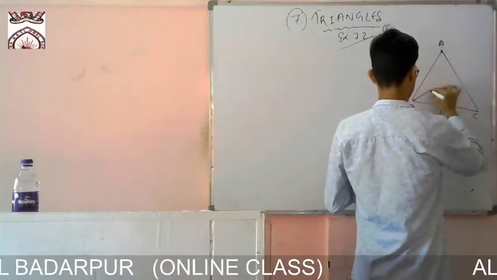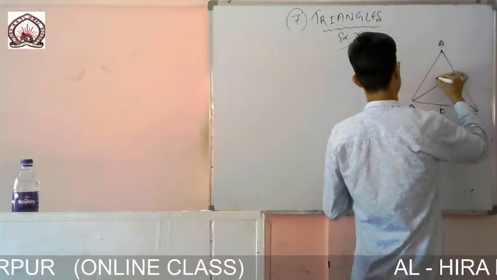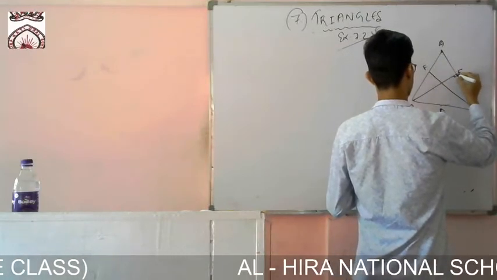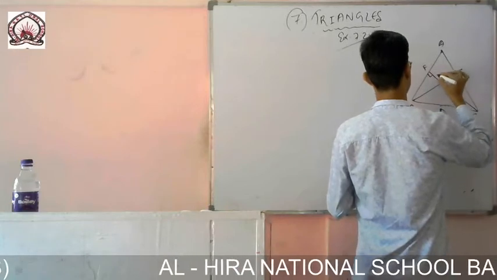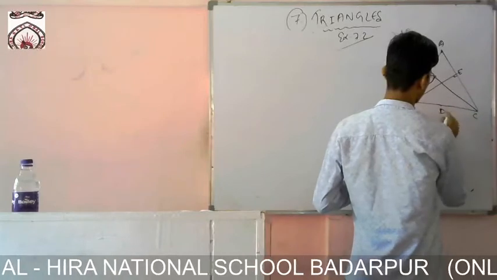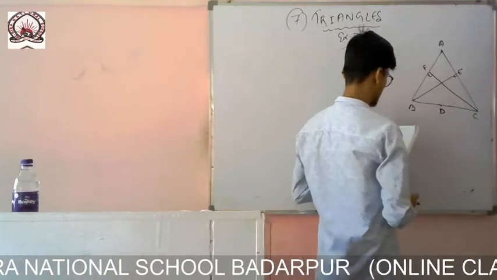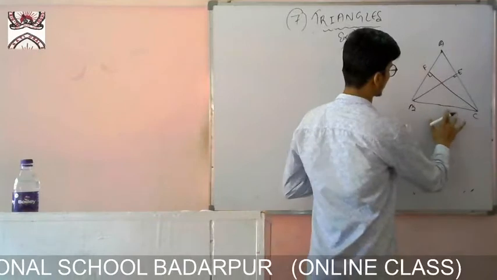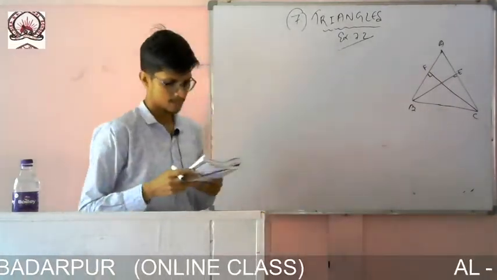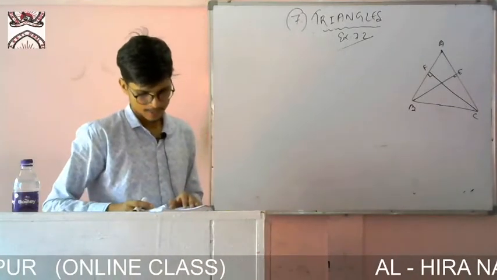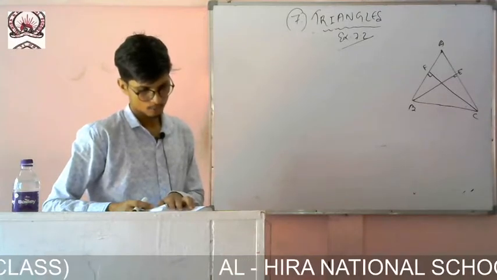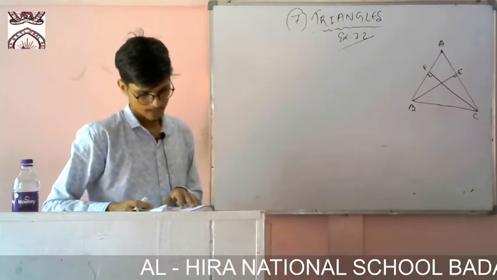So I have drawn the figure. You see ABC is given, and it says that BE and CF are the altitudes drawn on the two equal sides, AC and AB respectively.